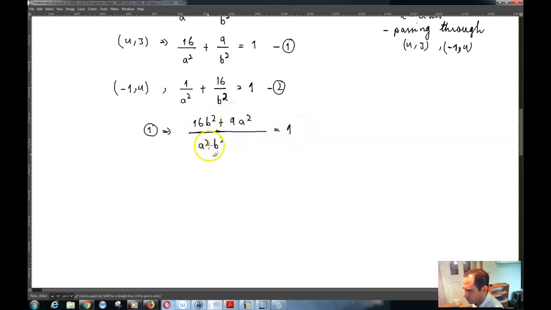So I can write this equation as... so how do I solve this equation now?